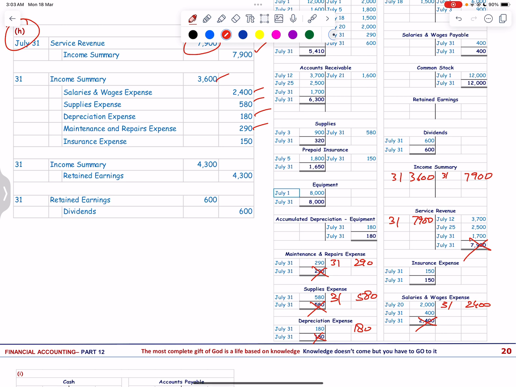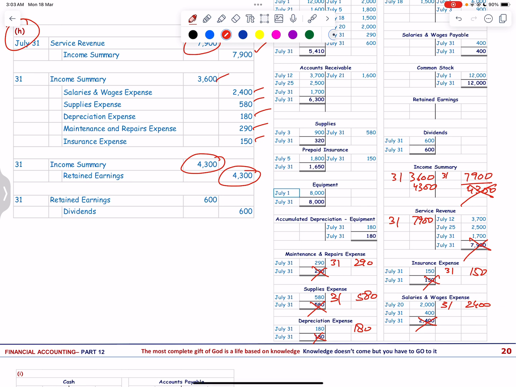Now for the income summary, we have a balance of 4,300, and to close this we have to debit the income summary by 4,300. So if we debit this by 4,300, the income summary balance will be 0 now, and retained earning is credited by 4,300 on 31st of July.